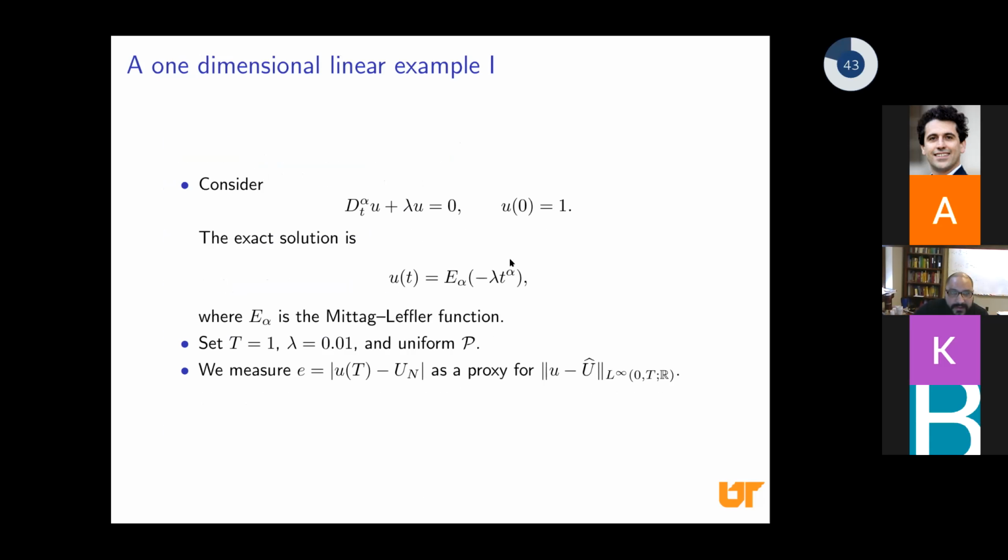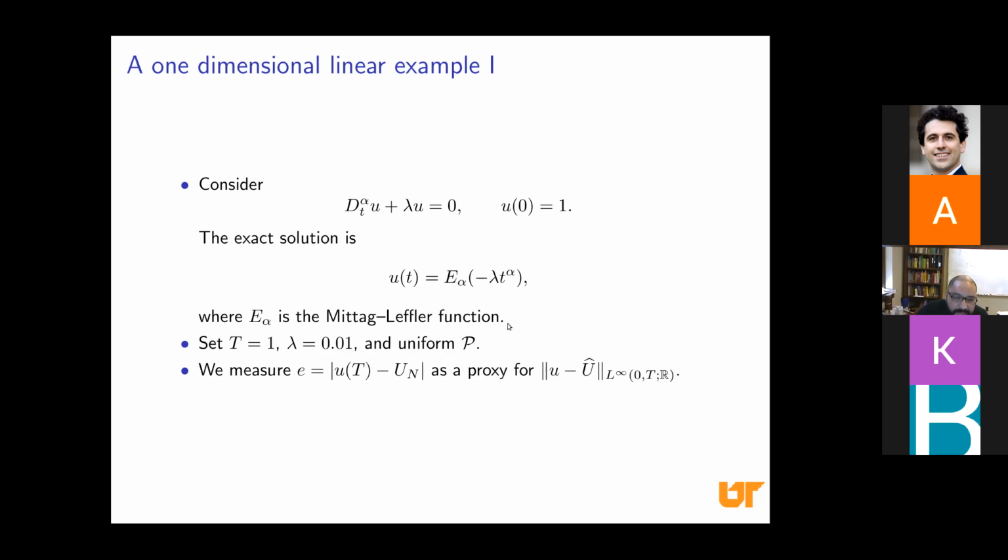The first one is a very simple one-dimensional linear example. The function goes from R to R, and your energy is lambda over 2 u squared. You start from 1. We take this very simple example because we know the exact solution is just some expression related to the Mittag-Leffler function.